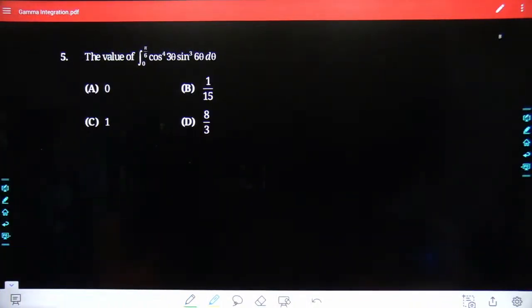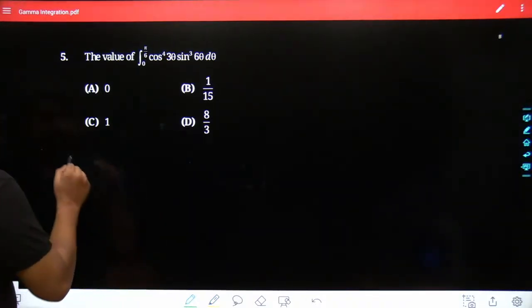Yes, this problem has to be smashed using the method of beta integration. But how we will apply the method of substitution, and how after doing the substitution we would be able to change this problem into beta integration, that is the effort which is required in this problem.